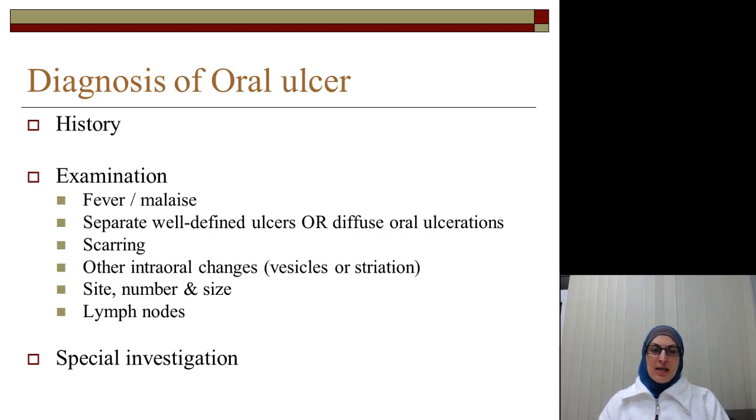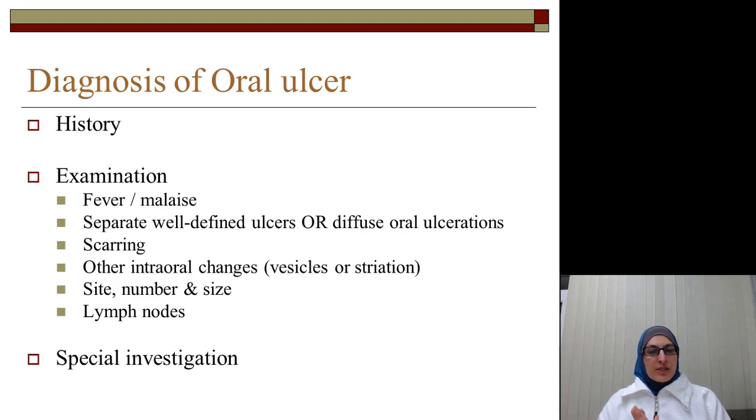related or might be associated with the oral ulcers, and the presence of scarring, so this would determine the severity, the intensity, and the diagnosis of the ulcers. Some ulcers tend to heal with scarring, for example major aphthous ulcers. Others are just superficial, so there is no scarring. So the presence of scarring in the tongue or the oral cavity would give you a clue regarding the diagnosis.